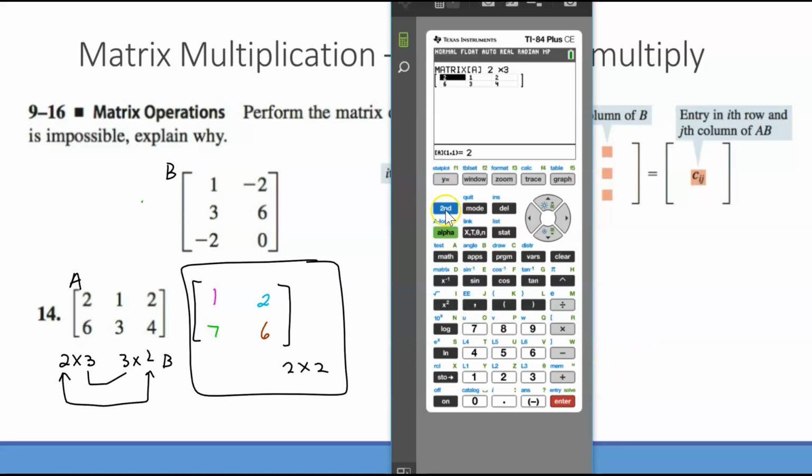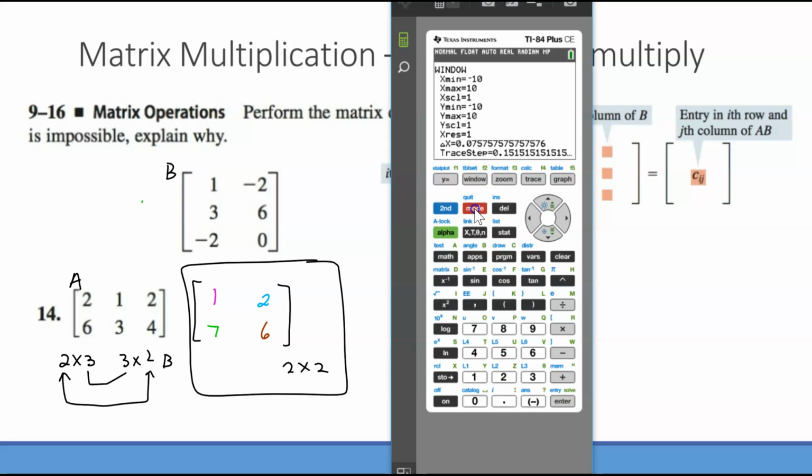Second matrix edit B. B is a 3 by 2. And so we'll put in 1, negative 2, 3, 6, negative 2, and a 0.